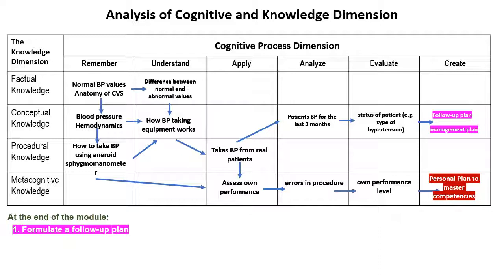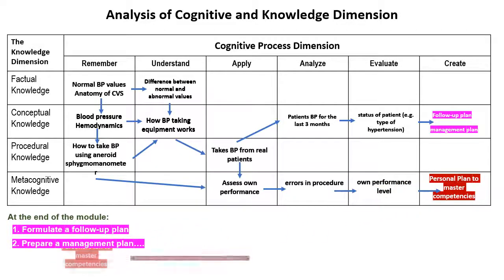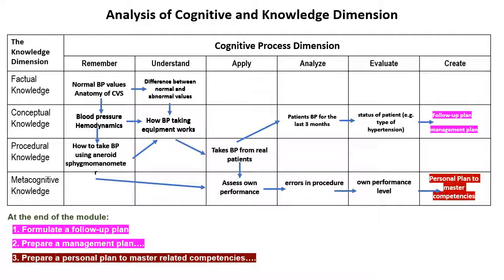Let's add a verb to that, and now the statement will be at the end of the module: students will be able to formulate a follow-up plan or prepare a management plan for a patient with a certain type of hypertension. And on the metacognitive side, you can convert as an ILO the one in the bottom: prepare a personal plan to master related competencies.